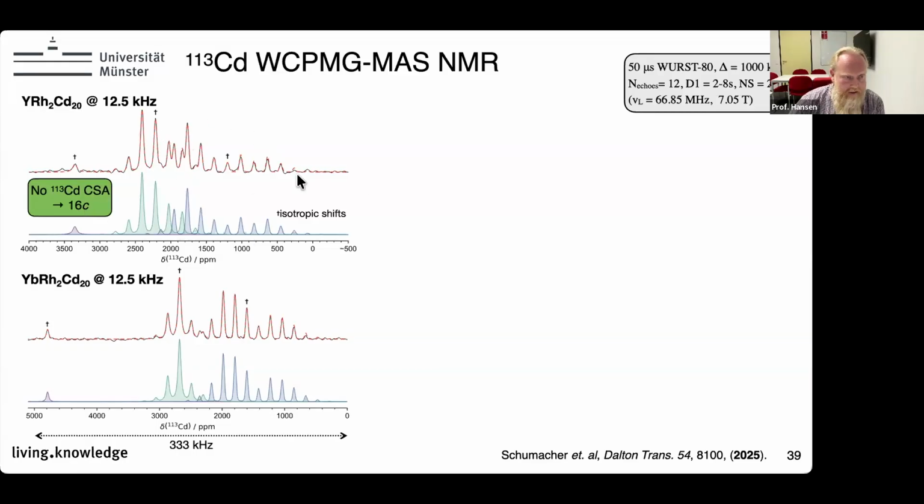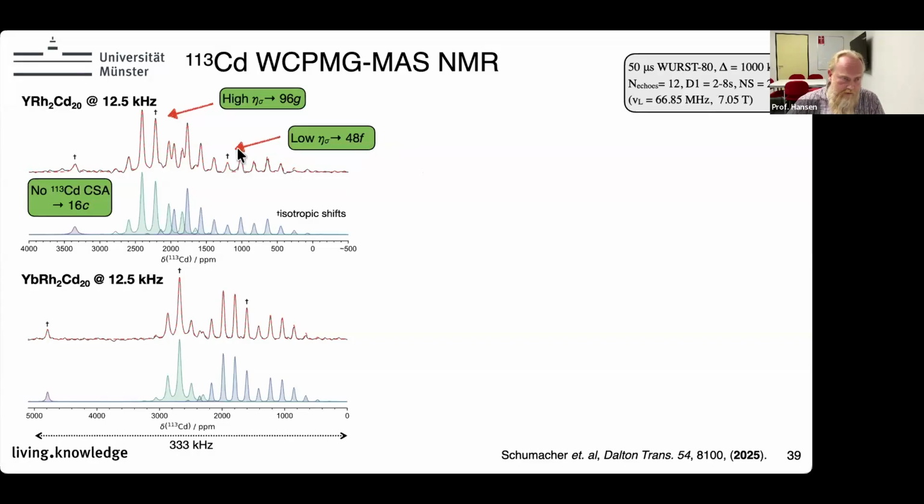And for the other cases here, you can see that you get nice splittings, so you can fit these sideband patterns, the CSA sideband patterns, easily using whatever favorite program you have for this, SNAP or SIMPSON, whatever. For the signal to the left here in greenish, we have a higher asymmetry parameter, so we tentatively assign this to the 96g position.